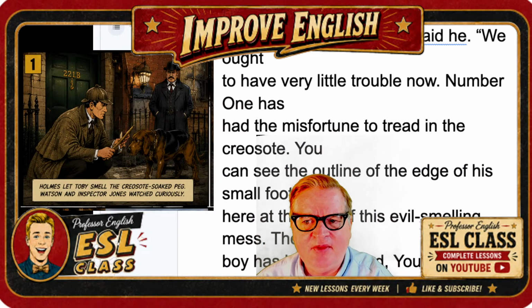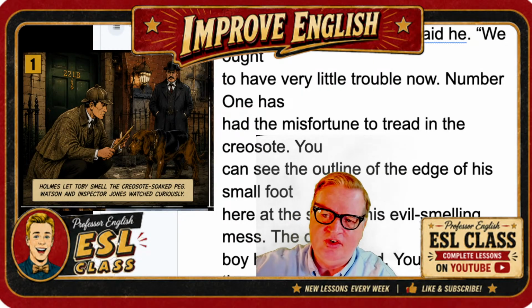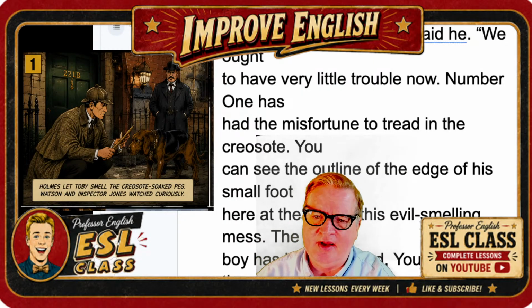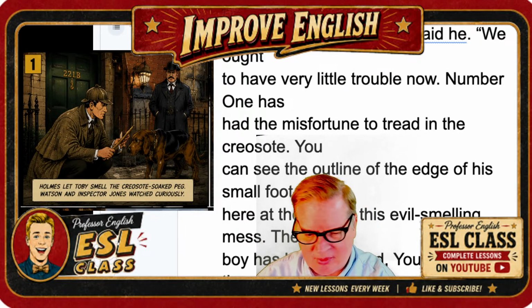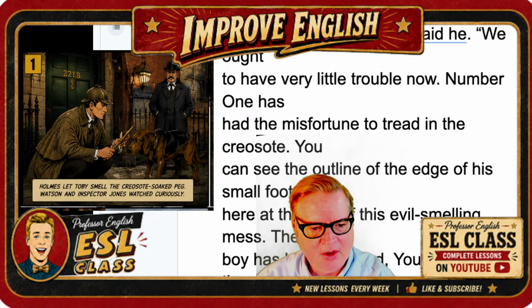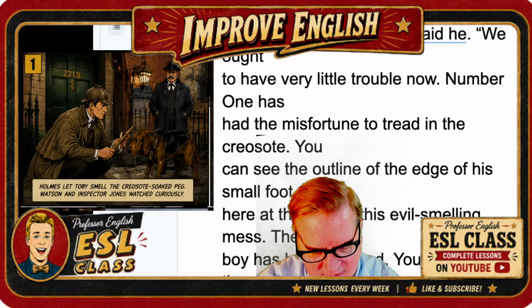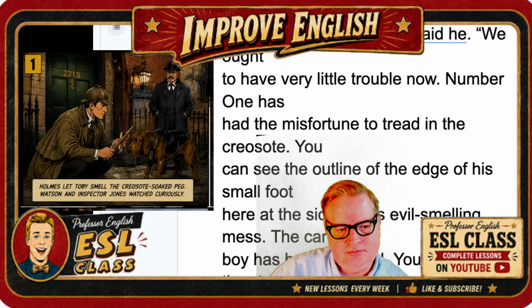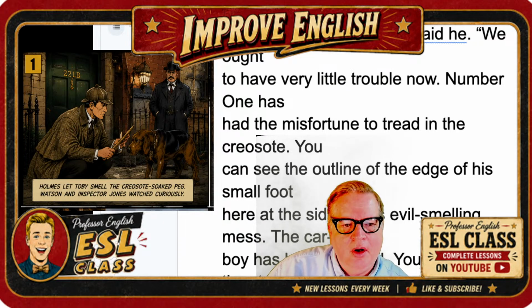"Number one, had the misfortune to tread in the creosote." Tread means to step, to walk. I have no idea what a creosote is. Let's check the meaning. Creosote is a dark, oily substance obtained from wood tar or coal tar.